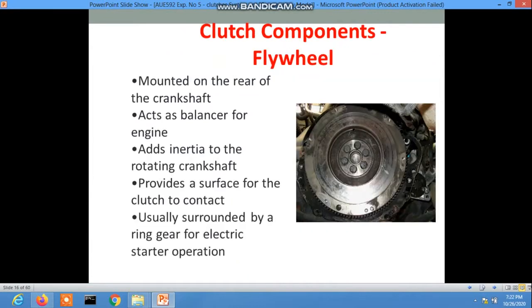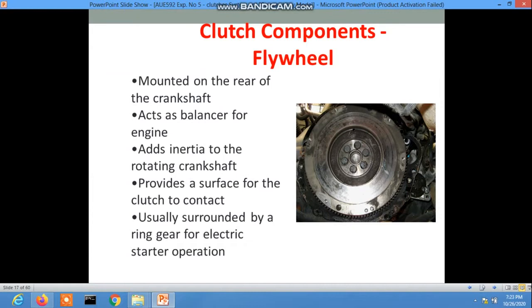Clutch component: the flywheel is mounted on the rear of the crankshaft. It acts as a balancer of the engine, adds inertia to the rotating crankshaft, and provides a surface for the clutch to contact.